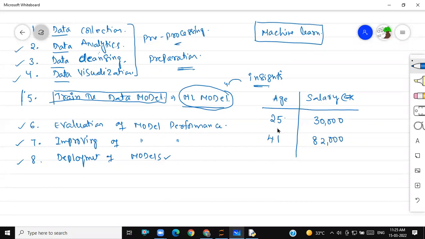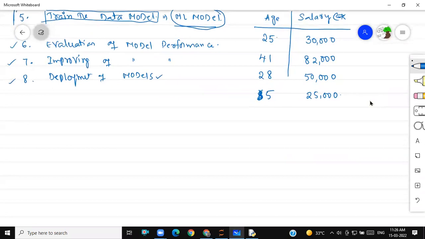Another one, aged 28, has a salary of 50,000. Just a random example to understand them: someone around 35 years of age, for example, whose salary may be only 25,000. I'm using a little bit of maths here, guys. It's not too complicated, just a little bit of maths I'm going to tell you.